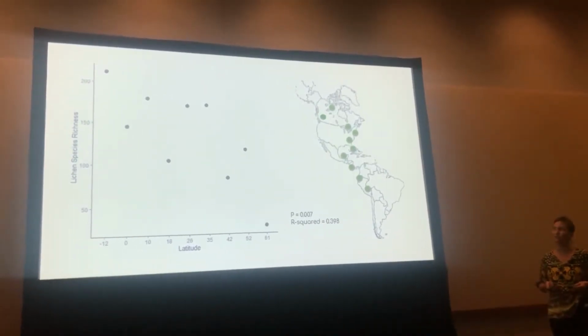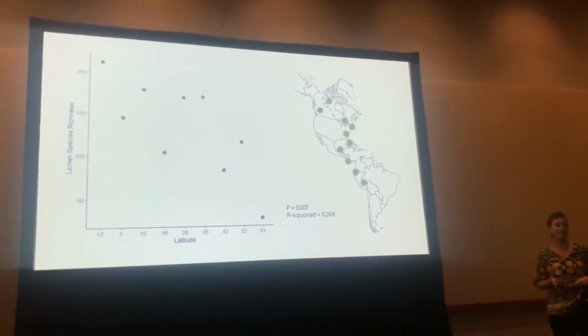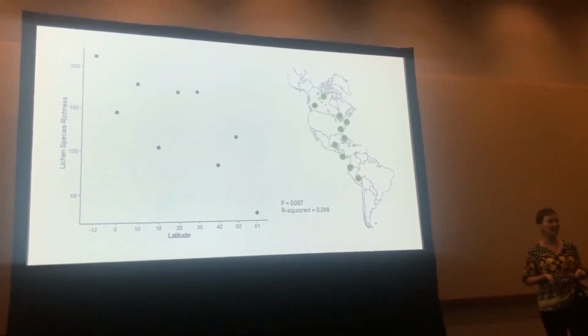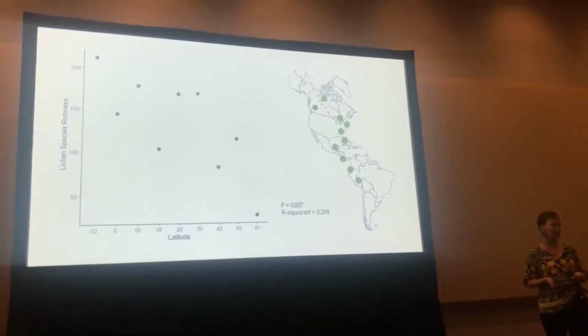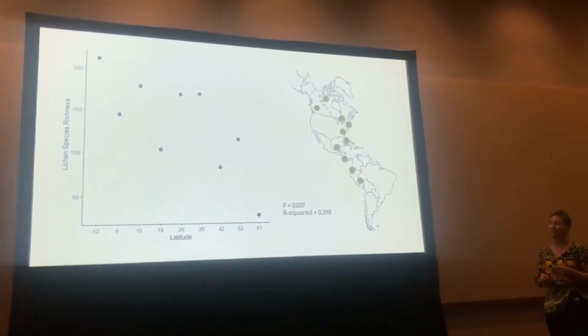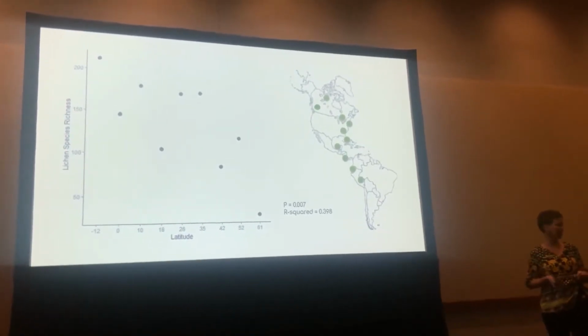So my conclusion from this, and from another chapter I worked on looking at digitized herbarium specimen data, is that lichenized fungi do actually follow a latitudinal gradient. So we can add those to the large and growing library of taxa that follow this global pattern.